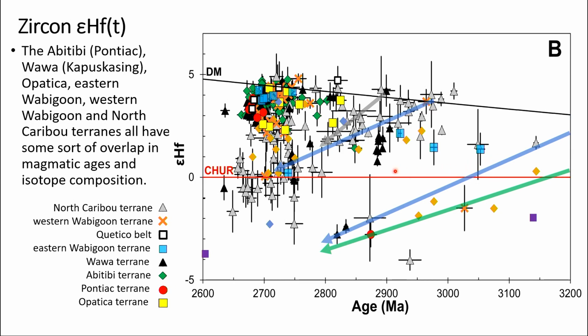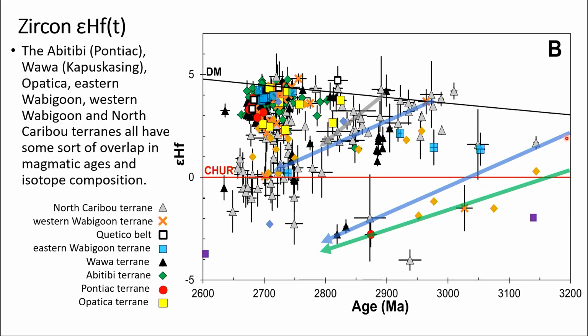And so one of the interesting aspects of producing this compilation was that I ended up finding that the Abitibi, Wawa, Opatica, and Eastern Wabigoon, Western Wabigoon, and North Caribou terranes actually all have some sort of overlap in magmatic age or isotope composition.